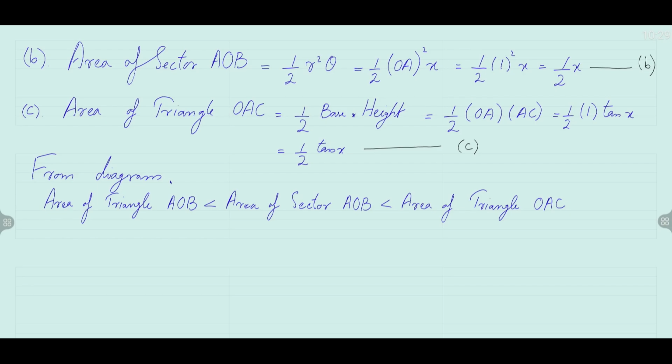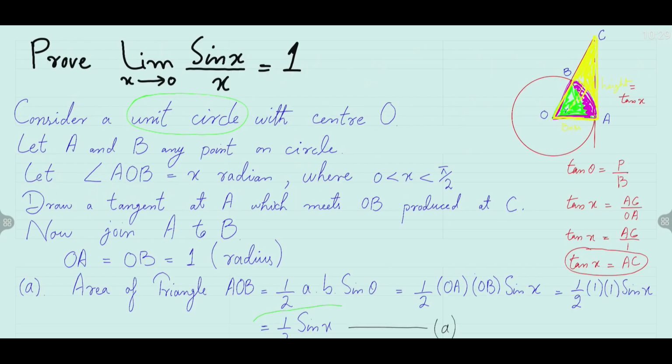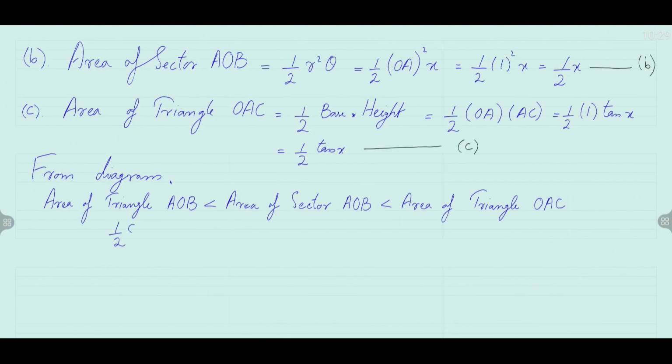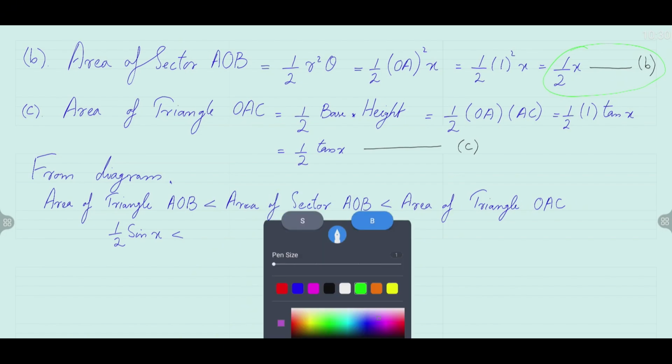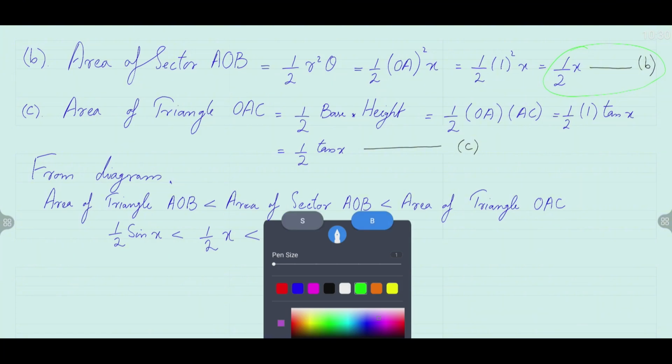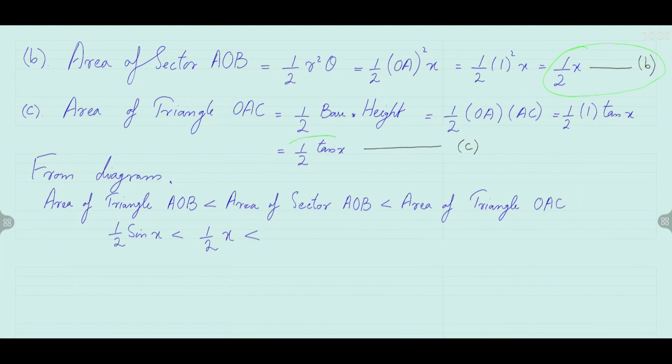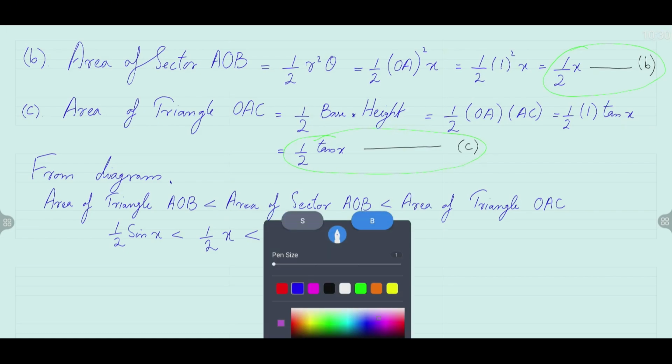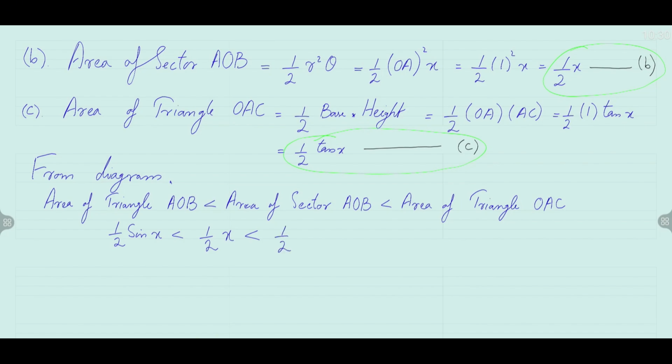Now here we put all of these areas. This is area of triangle AOB, which is 1 by 2 sine x, less than, and this is area of sector AOB, 1 by 2 x, less than, and this is area of triangle OAC, 1 by 2 tangent x.